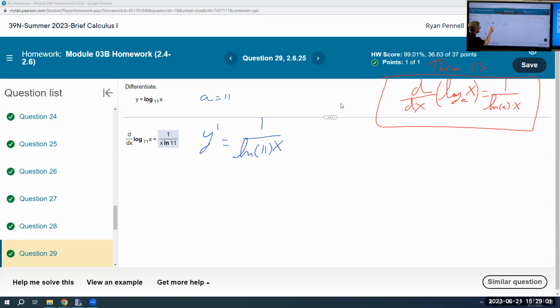And you can see I have the x to the front. That's okay, that's the same thing. So I would have that in your notes as well. If you're building a cheat sheet, I would have that in your cheat sheet. Theorem 13, that should probably go down. You need that one too.